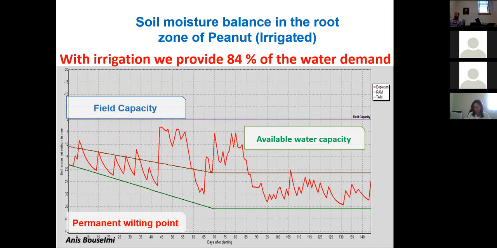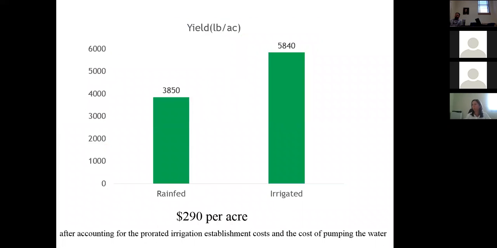In this graph, we can see the soil moisture where we provided irrigation during the dry period, and we provided 84% of the water demand for peanuts. So for the yield result, the irrigated is close to 6,000 pounds per acre, and the dry land was close to 4,000.